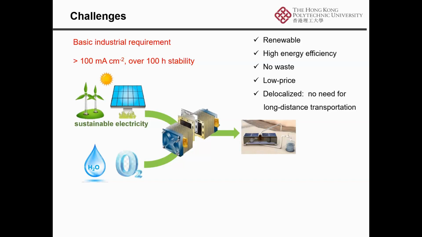For hydrogen production, the requirement must go to 500 milliamp per centimeter square over 1000 hours of stability. For CO2 conversion, the requirement is 100 milliamp per centimeter square over 100 hours of stability. But for most studies, this requirement is still not met, limited to lower current density and low stability.